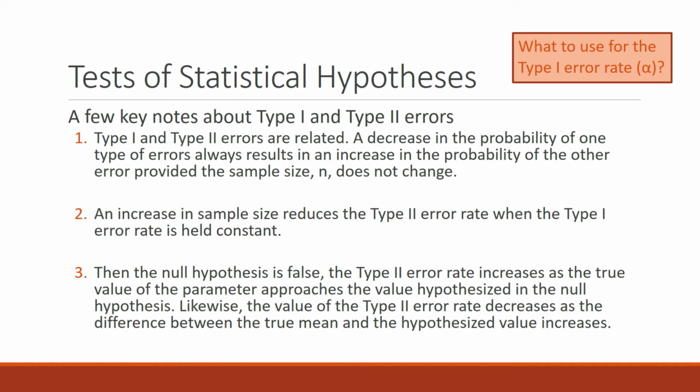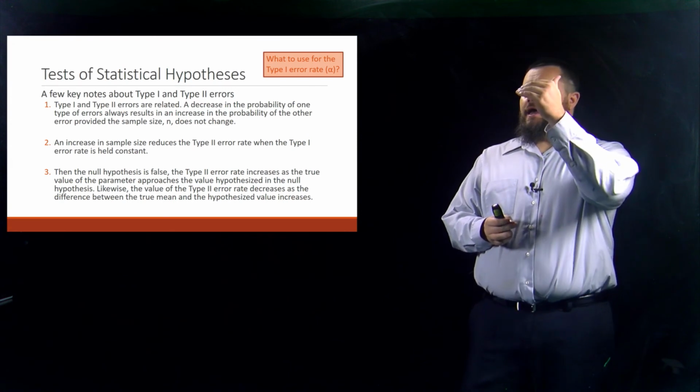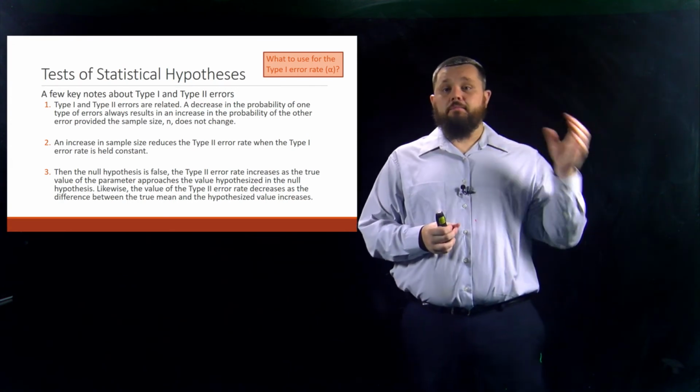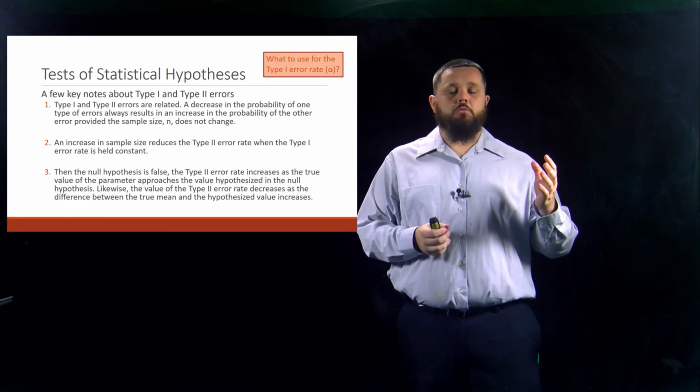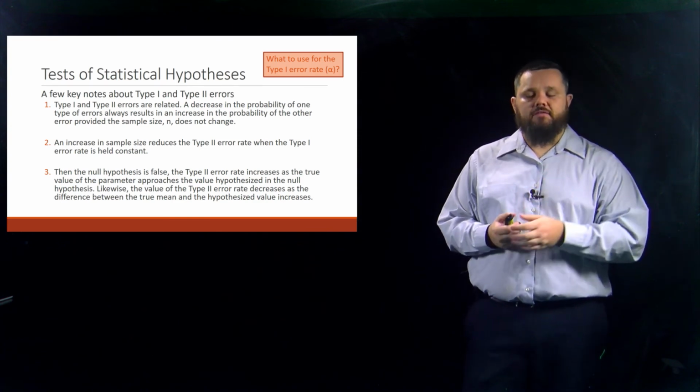That'll be discussed later in more depth, but basically what it means is, going back to the previous example we looked at, if we're testing mu equal to 60 versus mu not equal to 60, well, if the actual mean is 65, then our probability of committing a type 2 error is going to be less than if the actual mean was 62. Why? Because 62 is closer to 60 than 65 is.